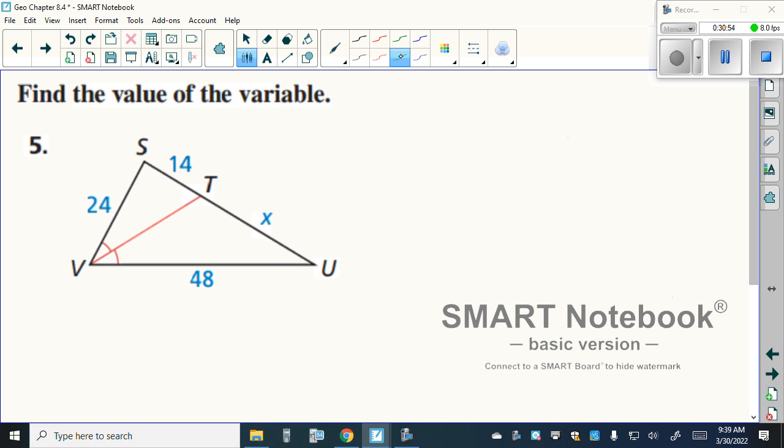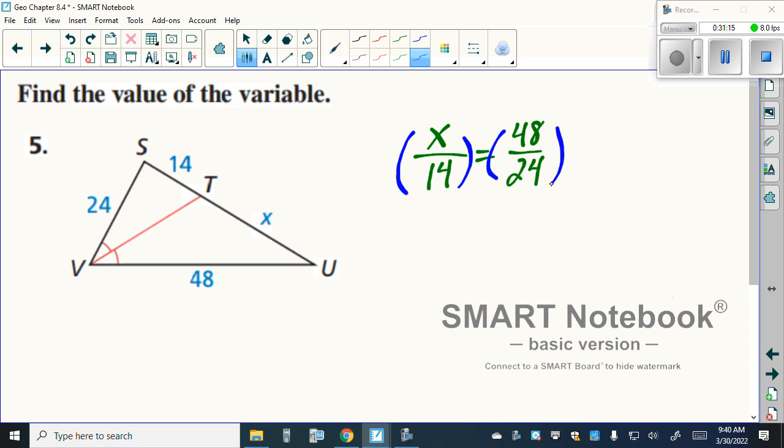So we'll do this one and the next one, and the next one's actually even easier. So what do we do first? Yes, x over 14 is equal to? Yes. And then both sides by 14. Yes. We could, because 48 over 24 is 2, yes?